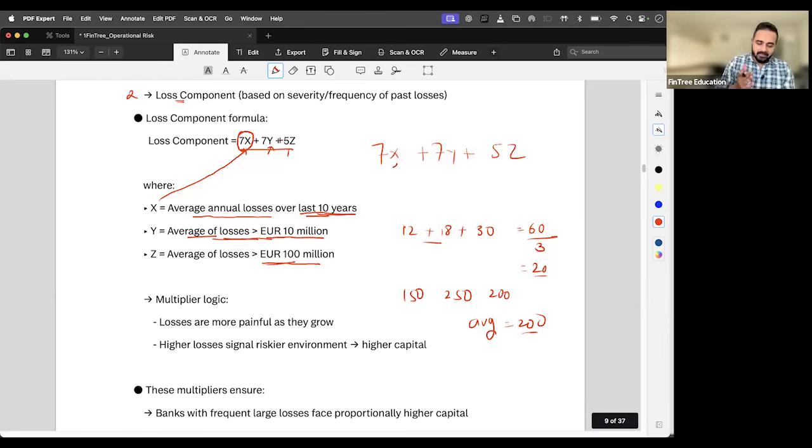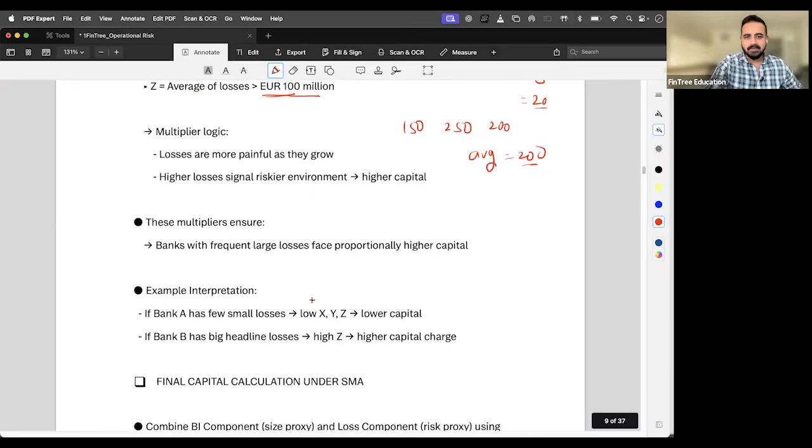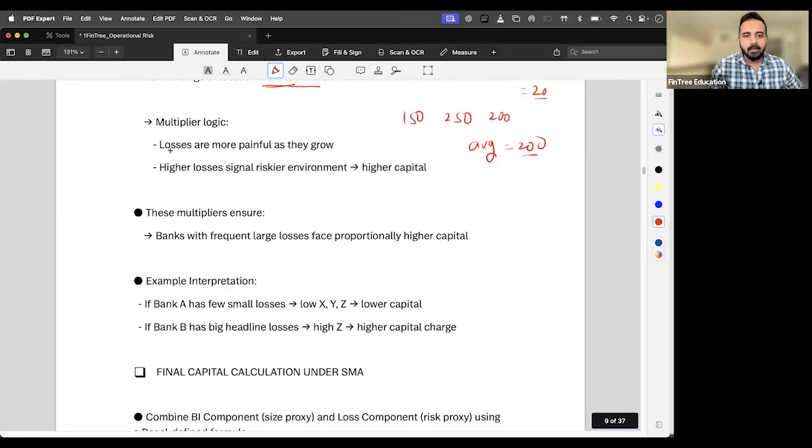So what does it tell you? Of course, the more losses you make, the higher the loss formula or loss capital. But if you tend to make larger losses, then you get a double penalty under 7y and under 5z. Okay, so that's your Basel formula. Hopefully that gives you a good perspective. I put in some multiplier logic for you. Losses are more painful as they grow.